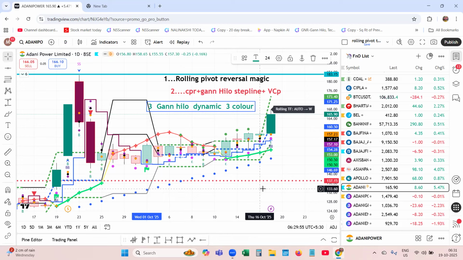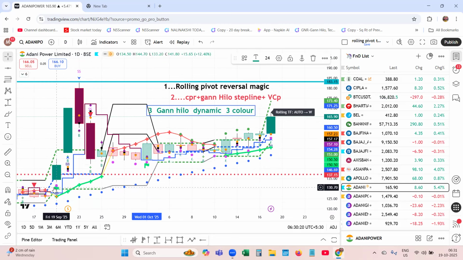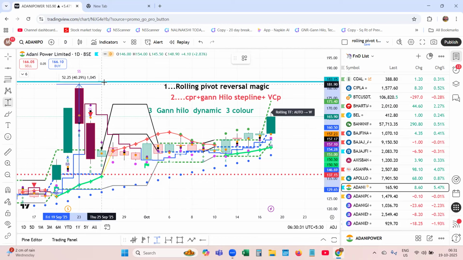In this example, after the up move in Adani Power, many people will not hold the position, they will book the profits, and many people will find it difficult to find stocks for the swing. This stock was in an uptrend. In the month of September, it popped up from the level of 130 to 183. 130 to 183 is not a small joke.